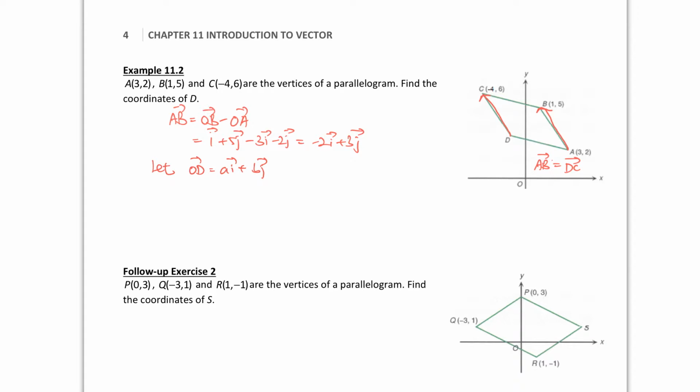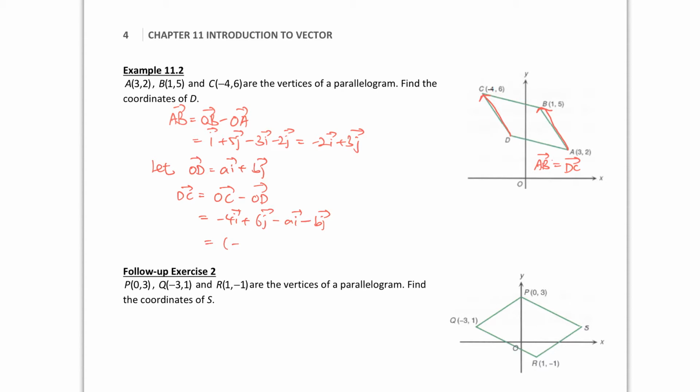How to find vector DC? DC is equal to OC minus OD. So it's negative 4i plus 6j minus ai minus bj.